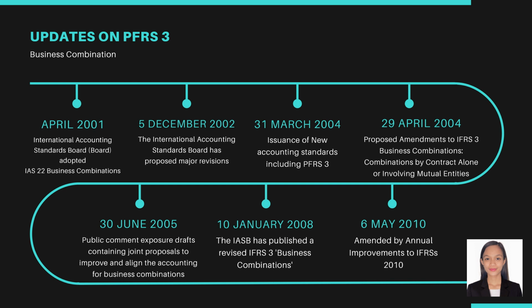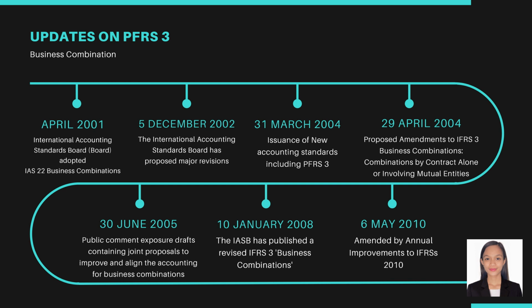However, nanggaling siya sa business combination IAS 22, which was originally issued by the International Accounting Standards Committee, yung IASC noon, in October 1998. IAS 22 was itself a revised version of IAS 22 business combination that was issued in November 1983. So, meron na ang IAS 22 noong 1983. However, na-revise ulit siya noong 1998. Yun lang naman ang nangyari noong April 2001.